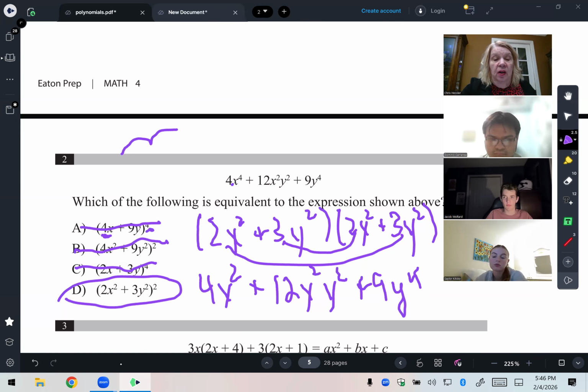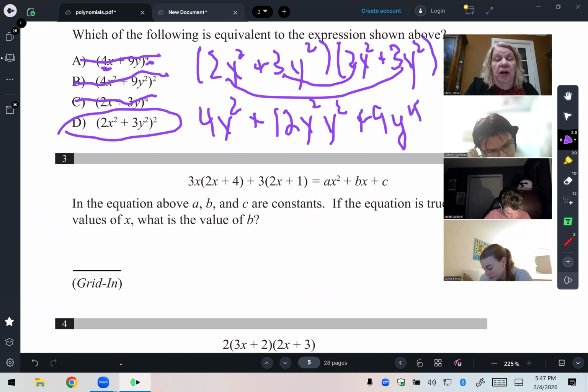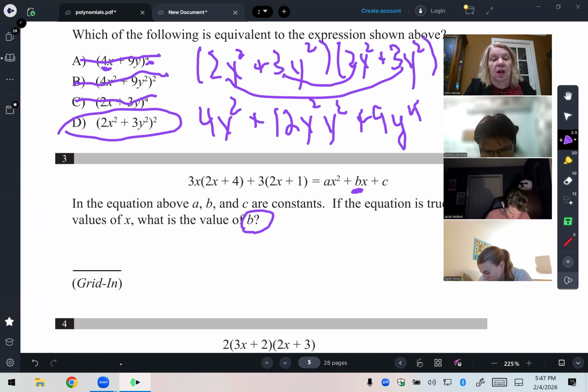Okay, so let's try this one. Again, we're trying to get the value of b. So you have to distribute and then you're going to find out the coefficient before the x. So try to beat me to the answer.